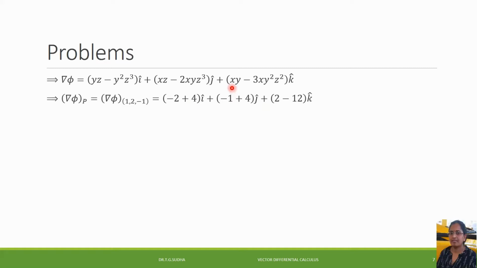Next, plus xy is 1 into 2, that is 2, minus 3 into x is 1, y square is 4, z square is plus 1.